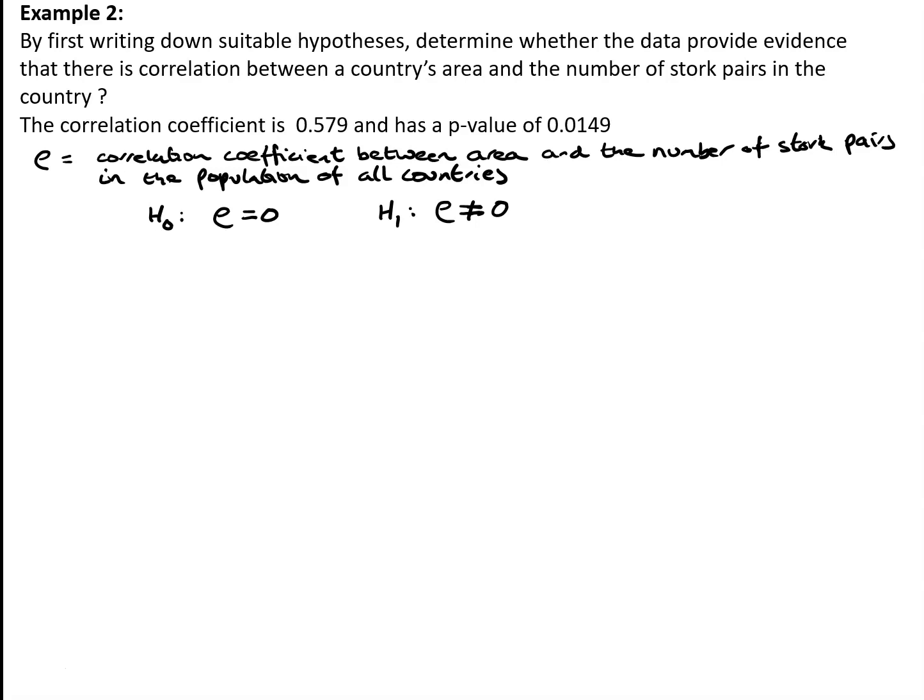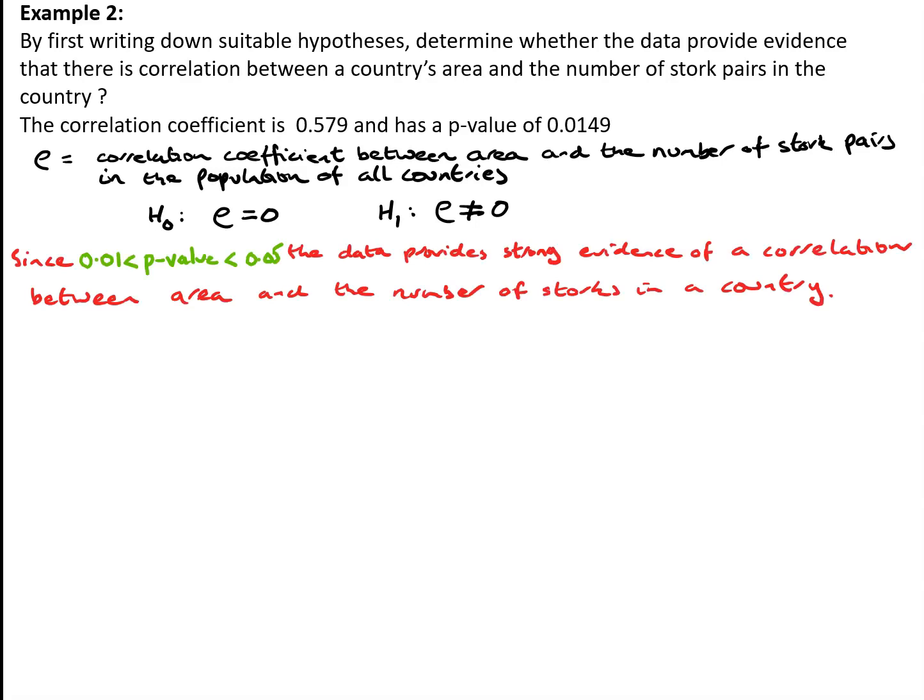Looking at the data, we've got a correlation coefficient of 0.579 and a p-value of 0.0149. So the p-value is between 0.01 and 0.05. So the data provides us with strong evidence of a correlation between the area and the number of storks in a country.